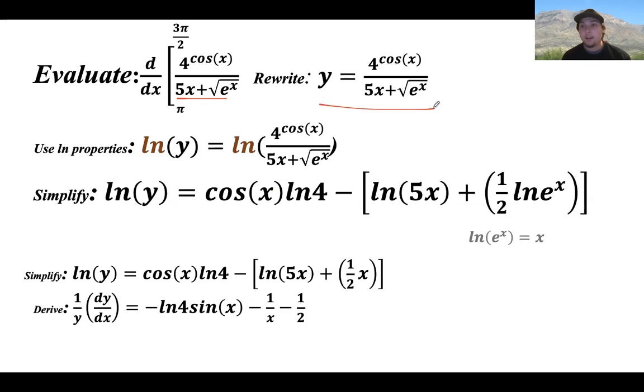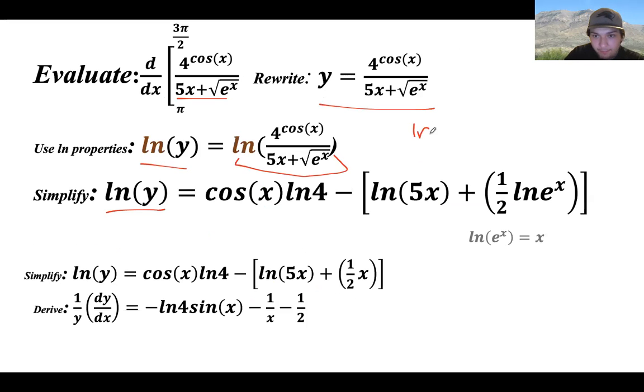Now we're going to use something called ln properties. We're going to take the natural log on both sides, as shown above. Once you do that, you need to know your ln properties. So you have ln of y.